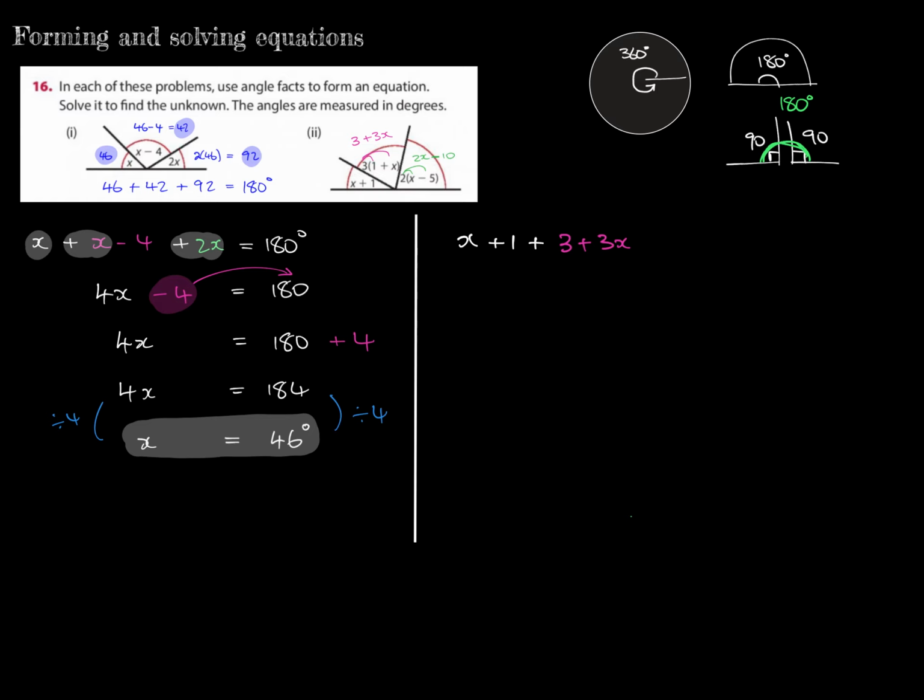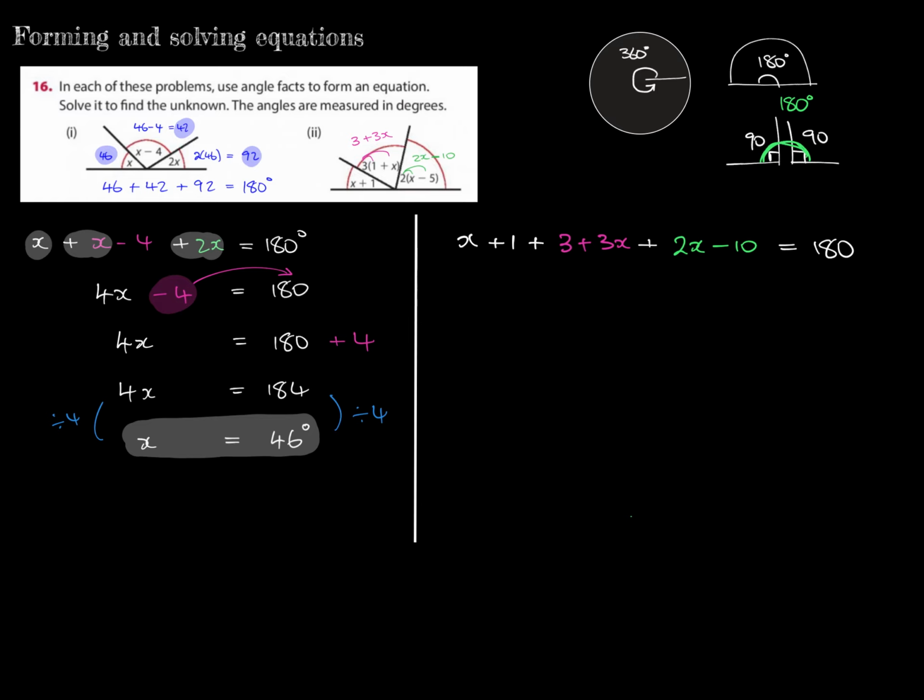Just make sure you see that minus sign there. So we're going to add to that 2x minus 10, and that will give us a total of 180 degrees. Okay, so that's the equation formed.